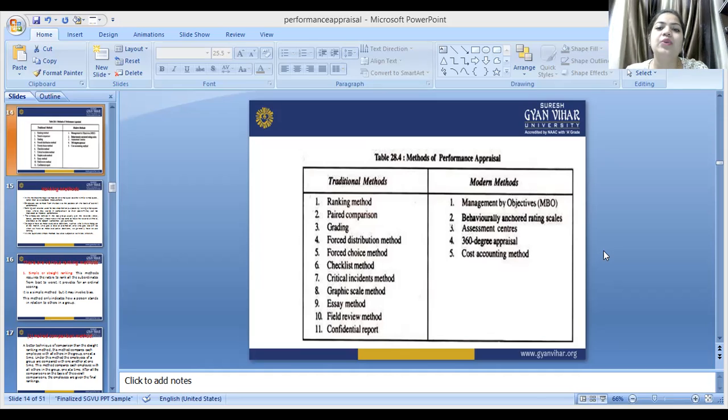Is it like that? No, basically. Every organization needs to appraise performance after a specific period of time.